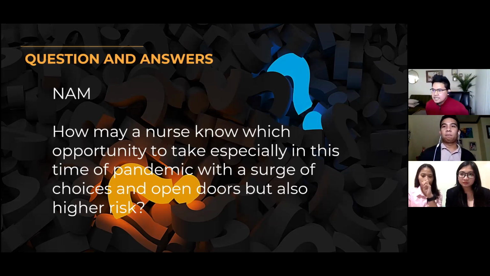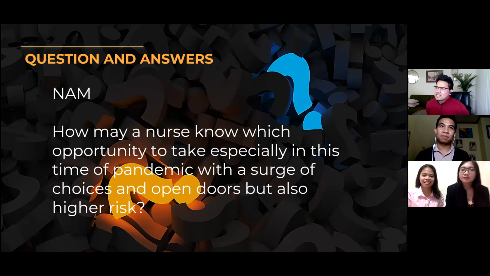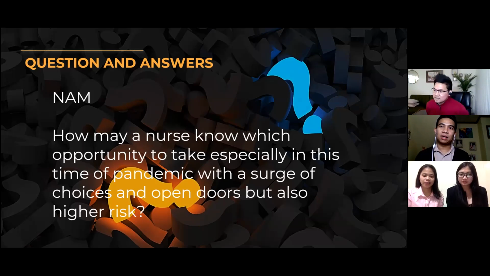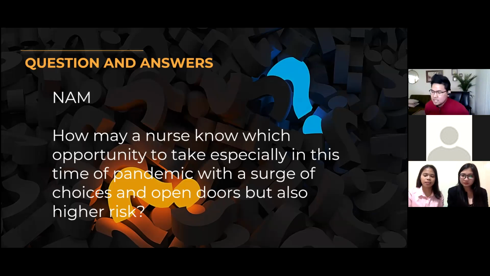And I find it's easier to be a nurse abroad, except for Germany. Just a disclaimer: in Germany, the employer will give you a lot of resources to adjust to their culture and language.